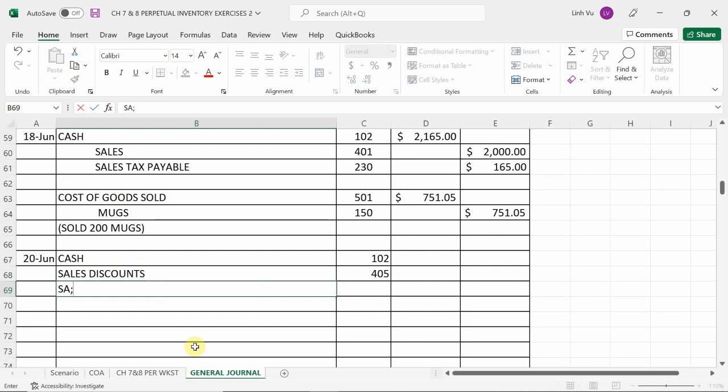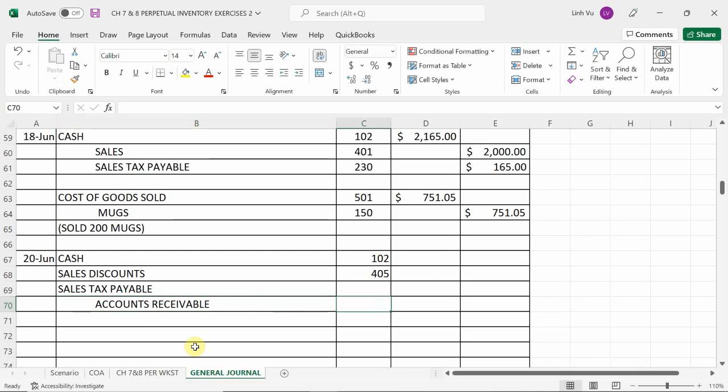We're going to give them their sales tax money back because we originally charged the full price of the whole sale at the original sales price. But now that we're discounting them, we need to give them a portion of the money back. And we're going to be reducing the amount that customer A owes me, so we're going to reduce the accounts receivable account.